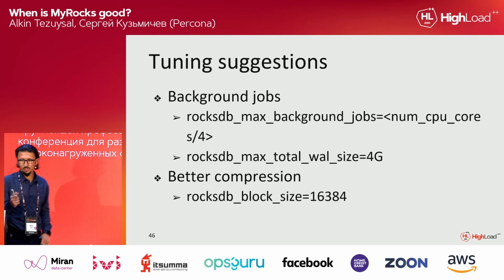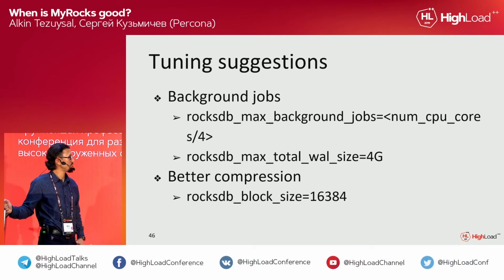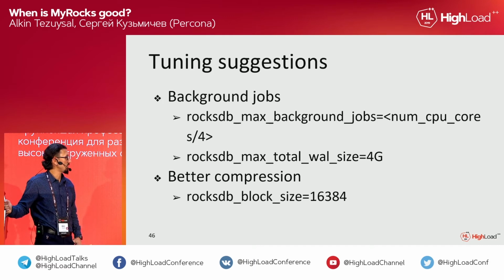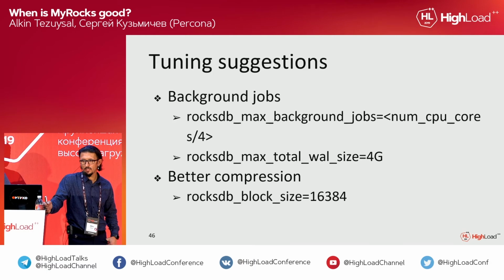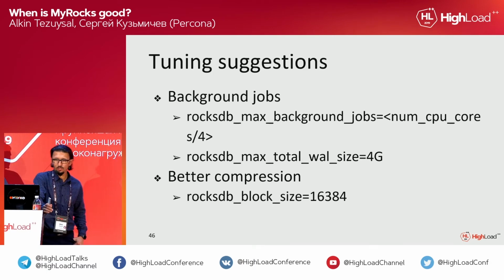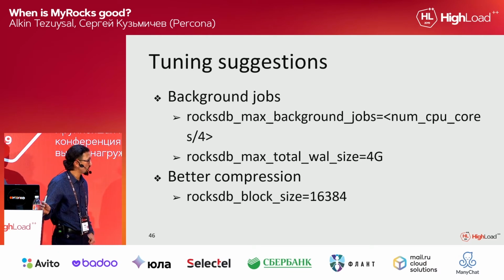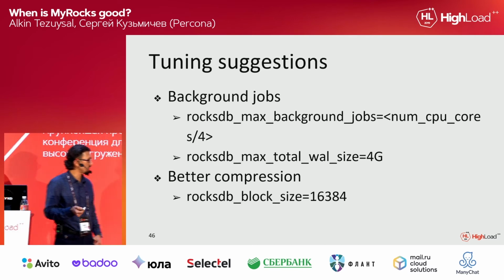That helps you to tune. What other tuning suggestions do we have? The background jobs: you could set your number of CPUs and cores, and the WAL size is tunable. To get better compression, make sure that the RocksDB block size equals 16K, which is a similar size to the page size.